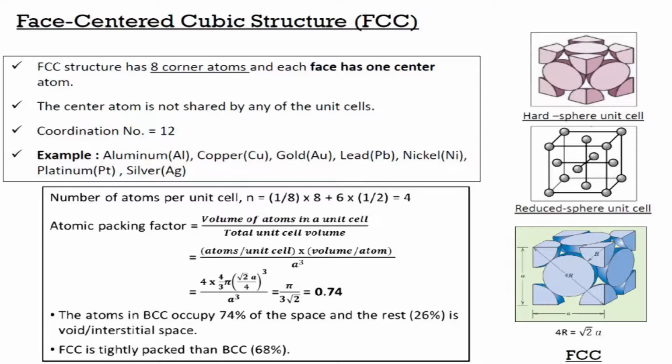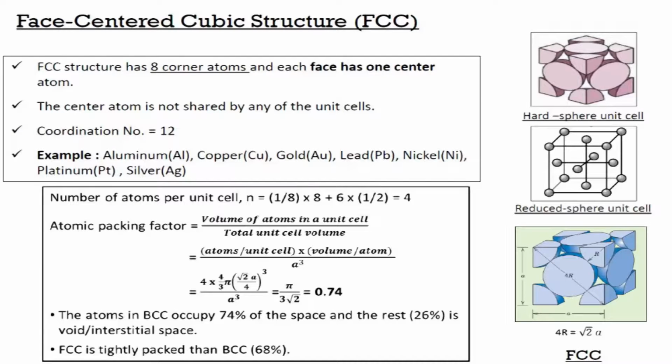In this case you have the center atom which is not shared, and you have the face centered atoms also. So, if you look at it, you have the corner atoms which are giving 1/8 into 8, because you have 8 corner atoms, and then you have atoms at each face center.